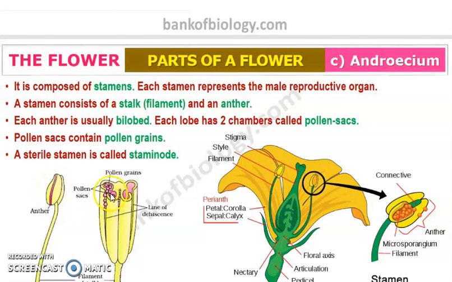Each of these lobes will have two chambers, which are called pollen sacs. You can see a pink colored structure here; this one is one chamber, this one is another chamber.